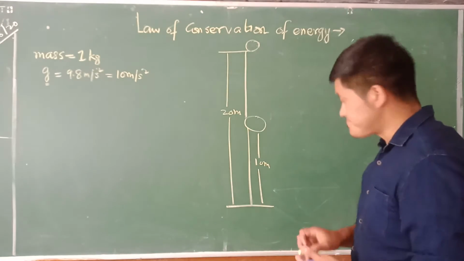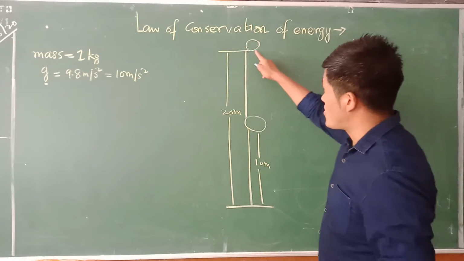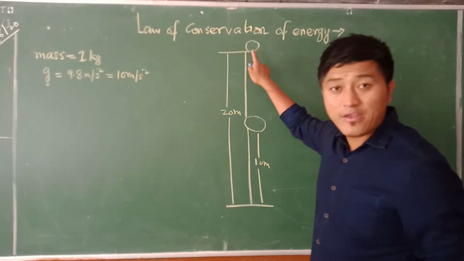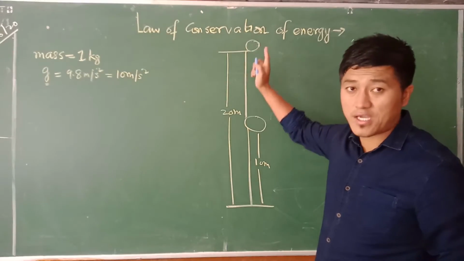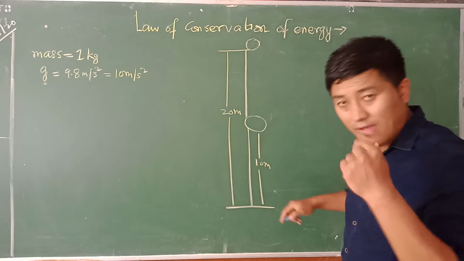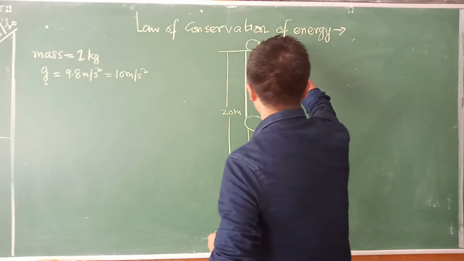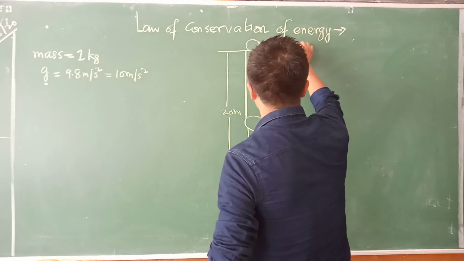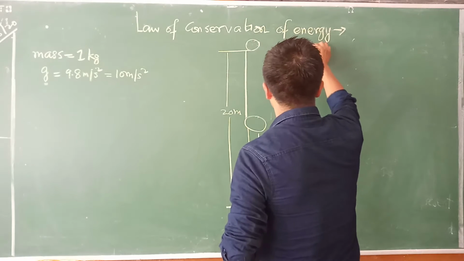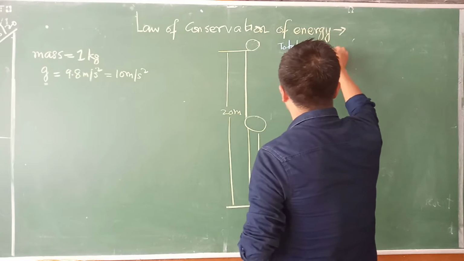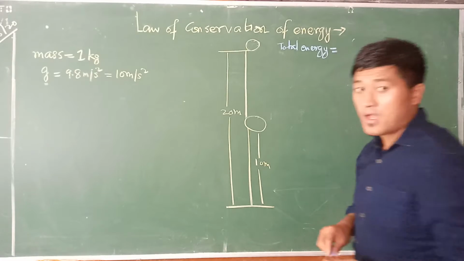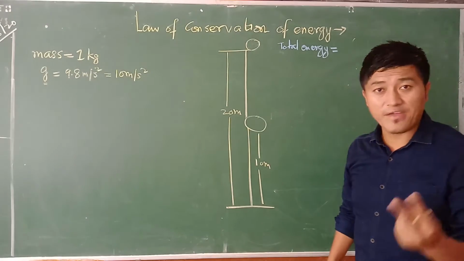Now at this point, how much energy is present in this particular object? What I will say is that over here, the total energy is equal to, how many are there? There are two kinds of energy.